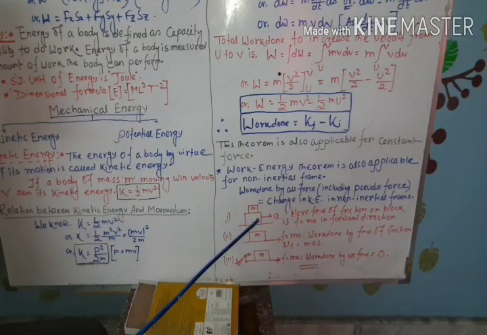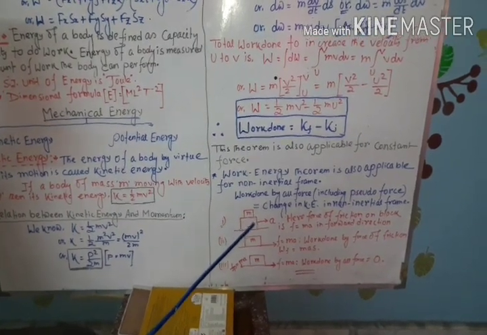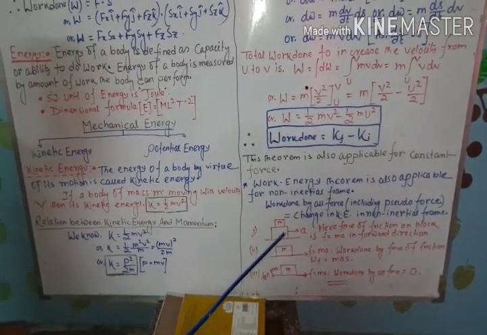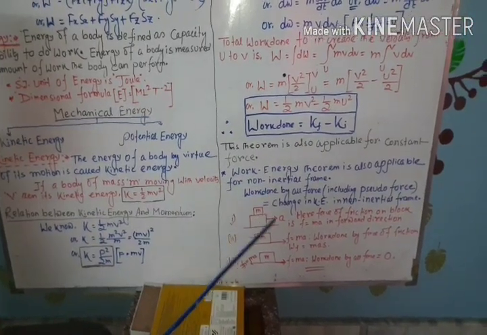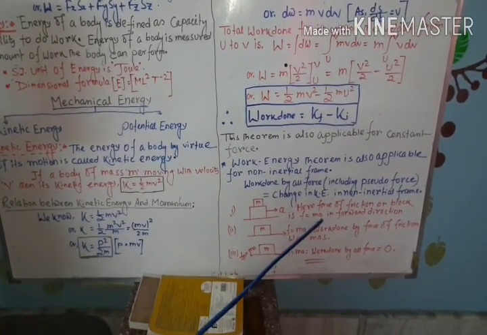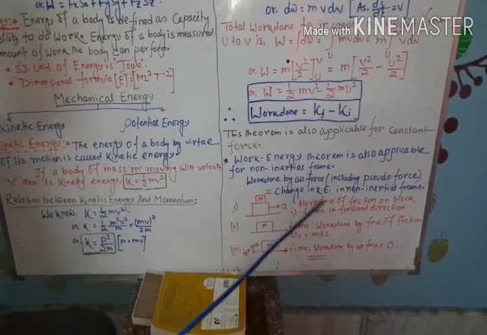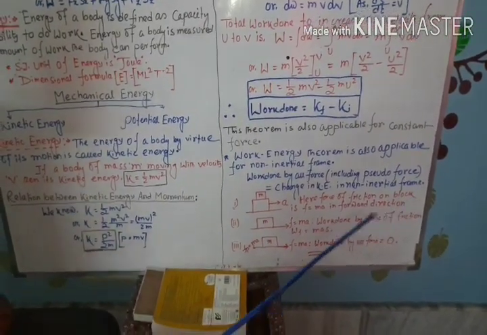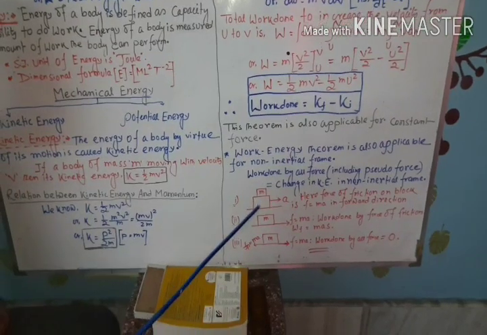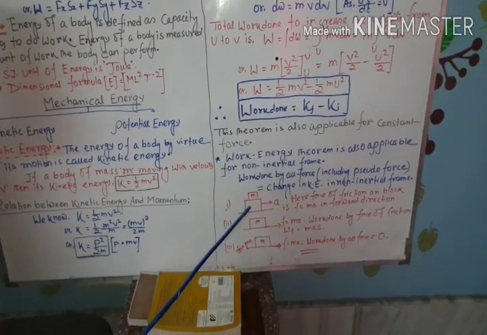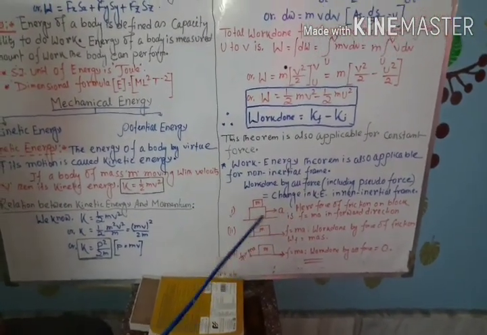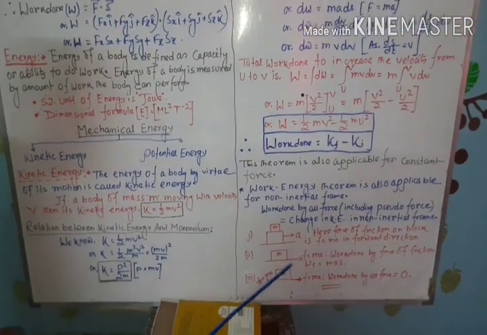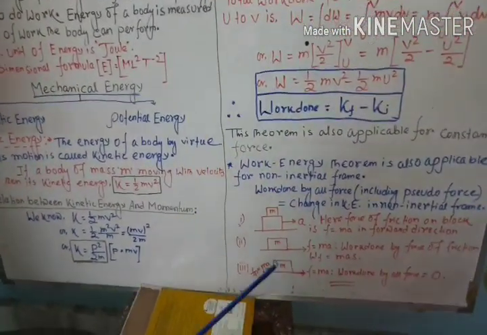So in this type of situation, the force of friction acting on the block m is F equal ma, and the direction of this force of friction is in the forward direction. On this block, the force of friction is acting in this direction. Now see the second situation.